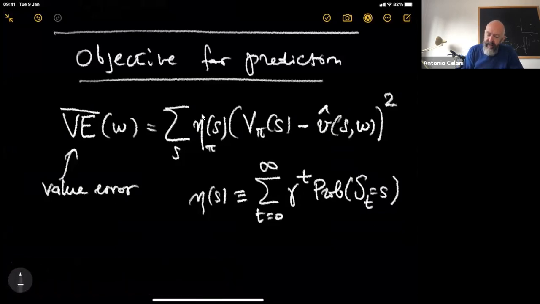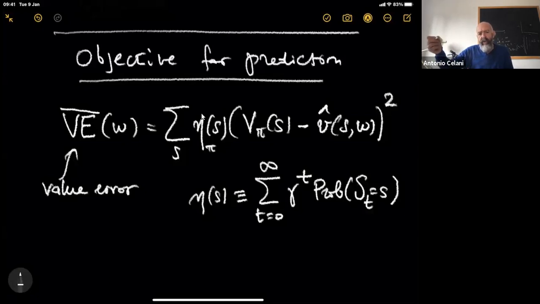And this of course also depends on the initial distribution of states, which I'm not writing. So you pick a state according to your initial distribution, and then you follow one trajectory, and every time you step on a state, you keep a counter, and you discount with your gamma.